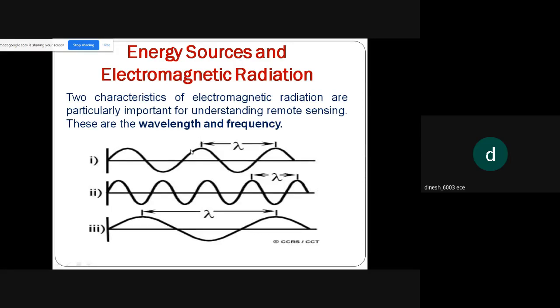A sinusoidal signal from the top peak to the top peak corresponds to 1 lambda in each case, or crest to crest in a waveform. So these are the two different characteristics, wavelength and frequency, which you all are familiar with right from your engineering physics.